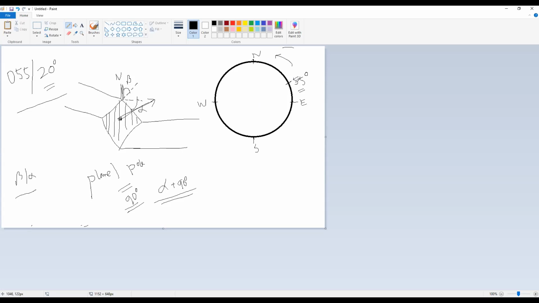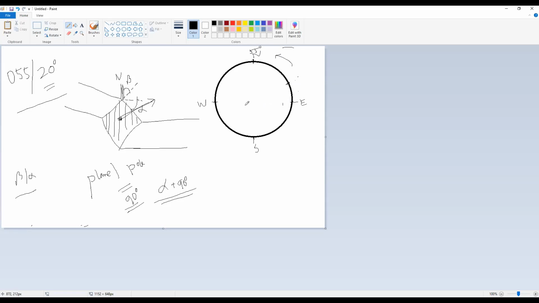So rotate this particular line to true north. Then after rotating it here, it would be here at 55 degrees. It should be marked. Is it? Then we will mark 20 degrees along here.